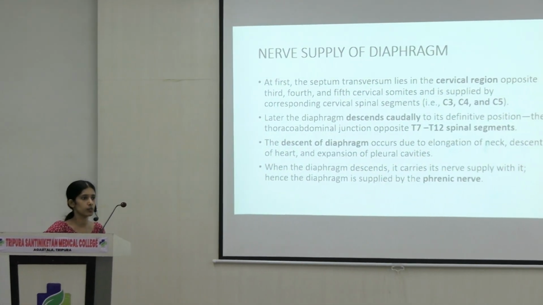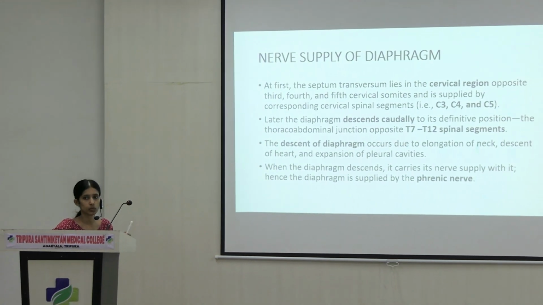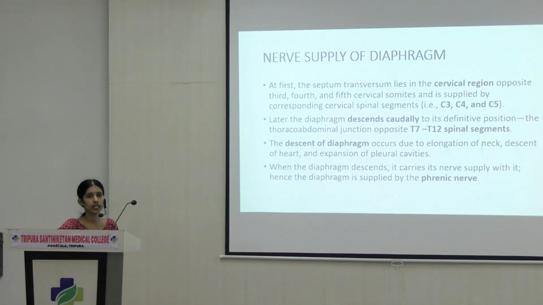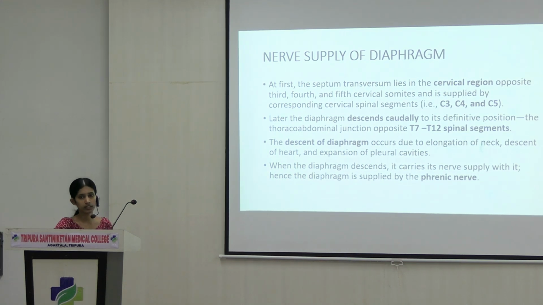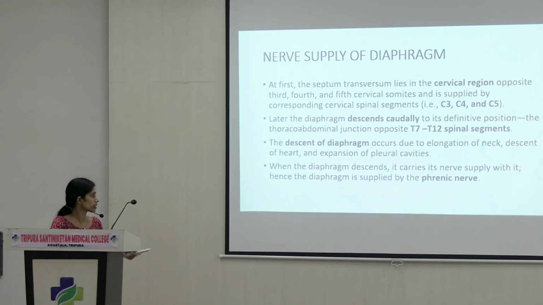Once the folding takes place, first we have primitive mouth, that is buccopharyngeal membrane, followed by the developing heart, then we have the diaphragm. That process is called descent of the diaphragm. After the descent, it is supplied by the phrenic nerves, okay.